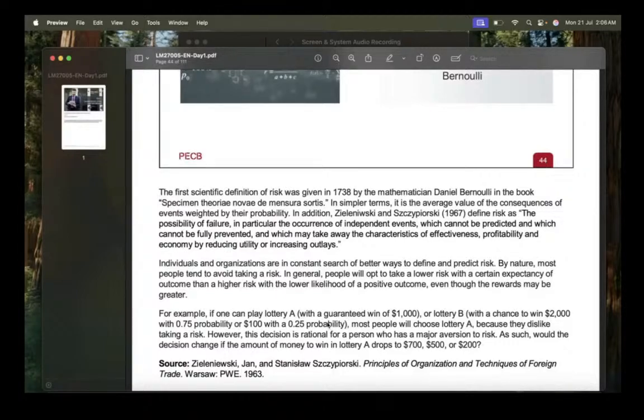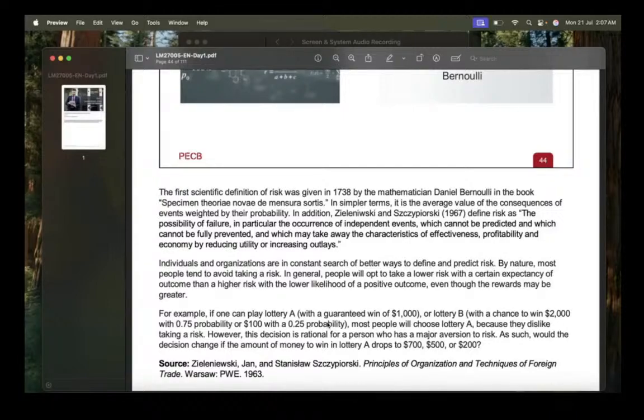It was the first scientific definition of risk, given in 1738 by the mathematician Daniel Bernoulli in the book Specimen Theoriae Novae de Mensura Sortis. In simpler terms, it is the average value of consequences of events weighed by their probability.